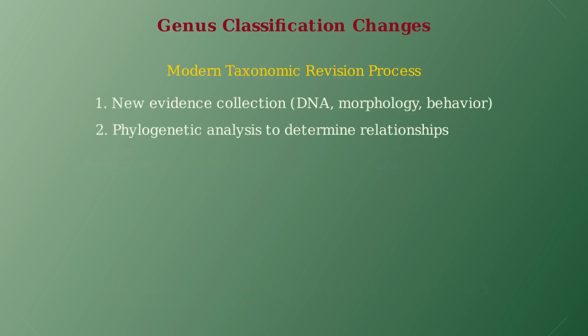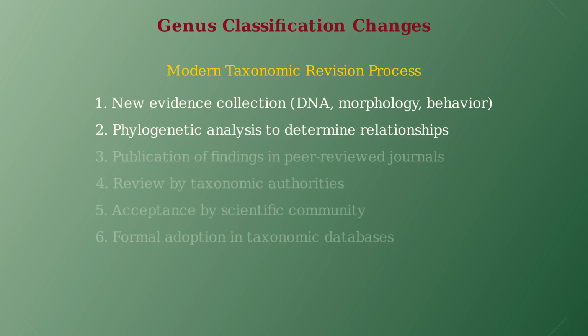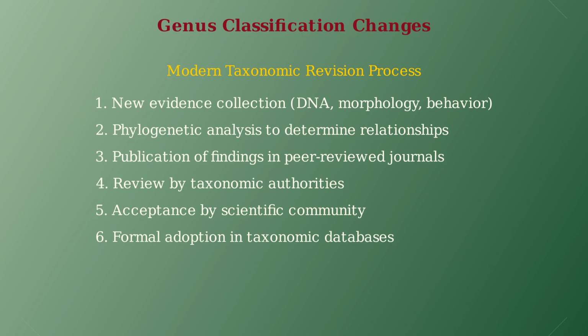Modern taxonomic revisions follow a structured scientific process that ensures accuracy and consensus. It begins with collecting new evidence, typically genetic data combined with morphological studies. The findings must be published in peer-reviewed journals and scrutinized by taxonomic authorities. Only after acceptance by the scientific community are the changes formally adopted in taxonomic databases.